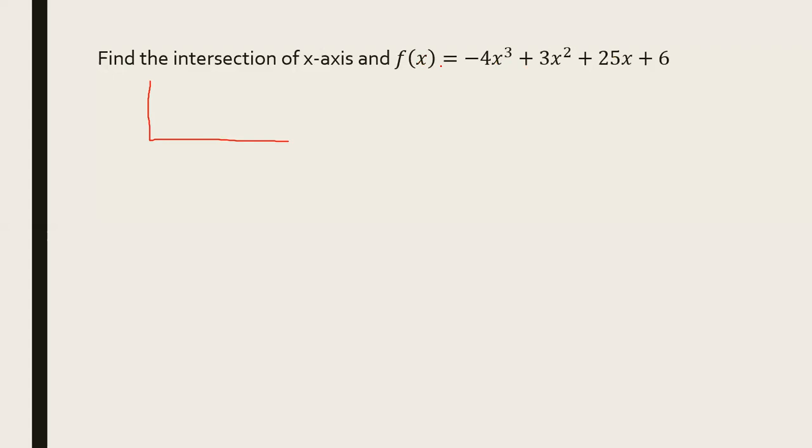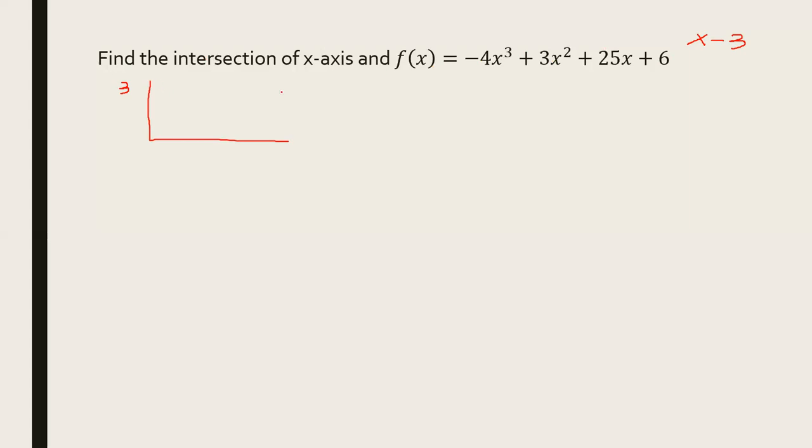Okay, if the remainder is 0, it means that number is a factor of that function. So I already checked that 3 is a factor of this function, or x minus 3 is a factor of that function. Now in the Horner method, I'm gonna find the other factor, if this function is divided by x minus 3.